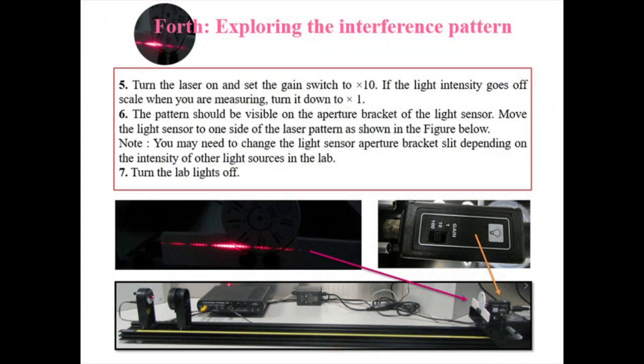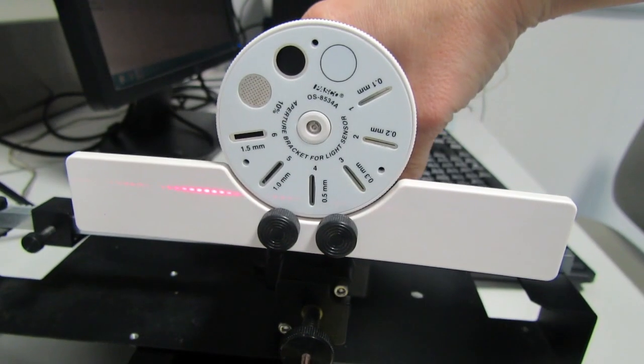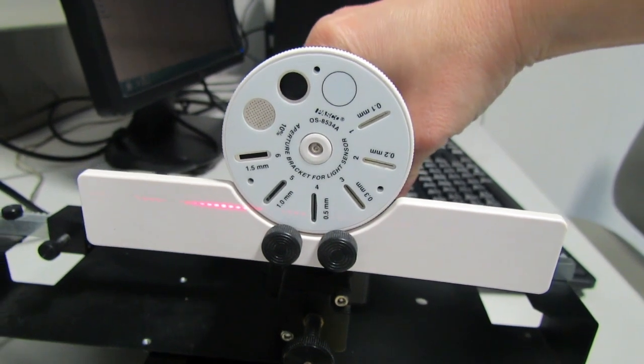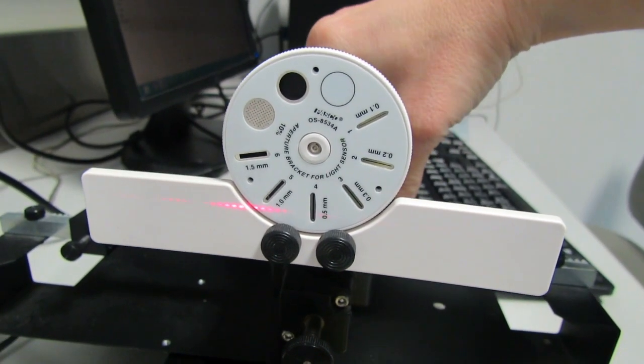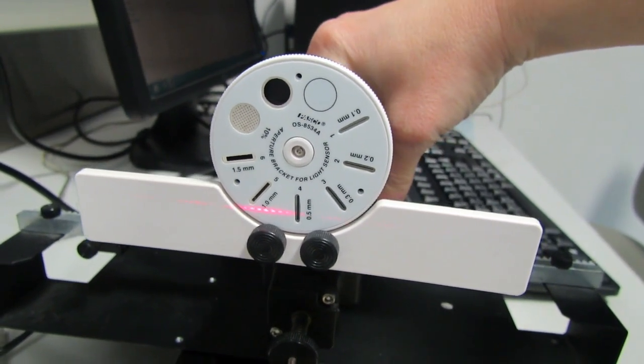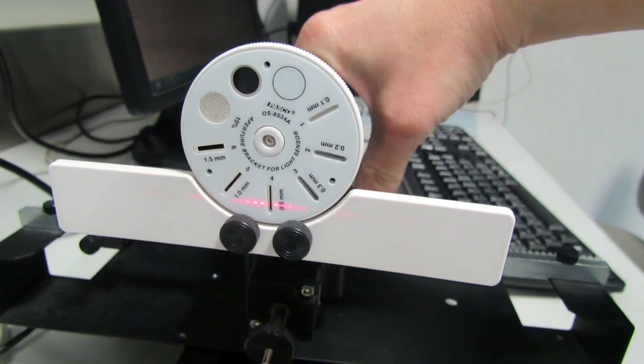Turn the laser on and set the gain switch to ×10. The pattern should be visible on the aperture bracket of the light sensor. Move the light sensor to one side of the laser pattern.